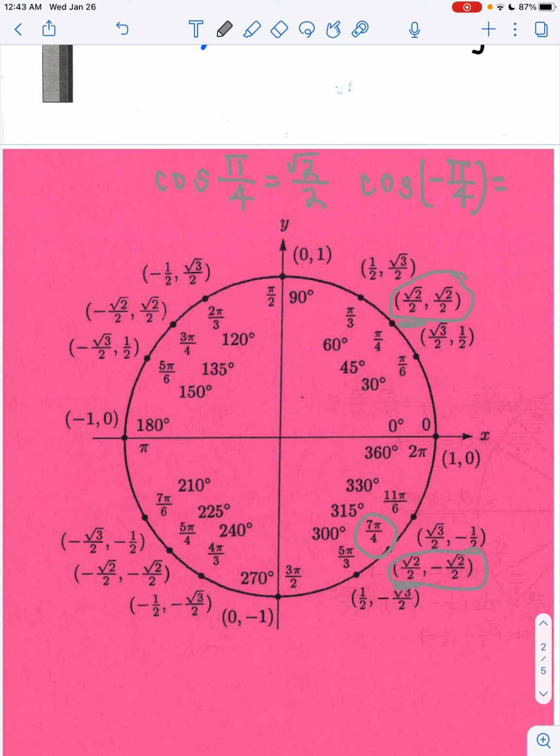And if we look at the cosine value, it's the x-coordinate again, and it's the same. It's the square root of 2 over 2.